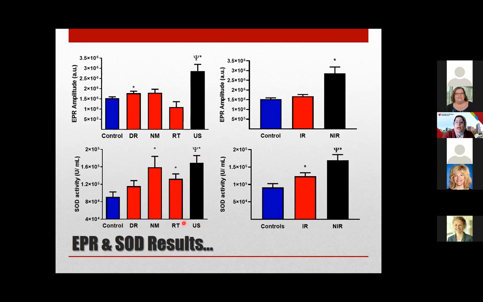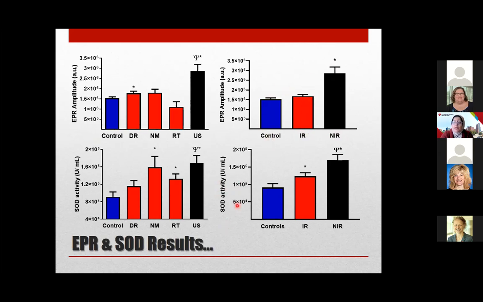Then we tried to look at these results in a different way, by pooling all occupational settings that use ionizing radiation together and comparing them to the non-ionizing radiation, which is ultrasound, to see how the effects are different. And this is what we get. When you look at the superoxide level, you can see that the superoxide increases in both the ionizing radiation and non-ionizing radiation groups, with more significant differences in non-ionizing radiation as compared to both ionizing radiation and the control.